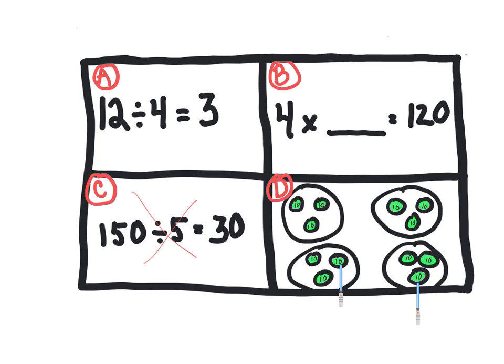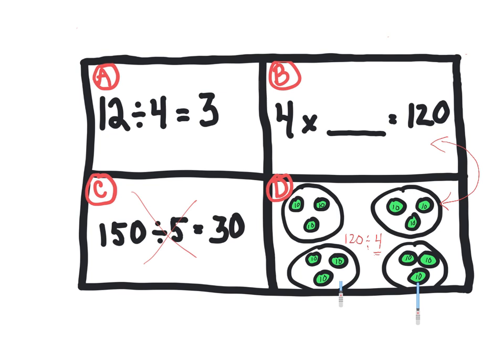This is division. This is showing me 120 total is divided into 4 equal groups. So these are very much the same thing because it's the inverse operation.